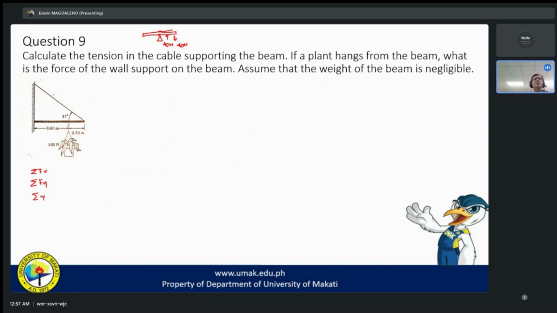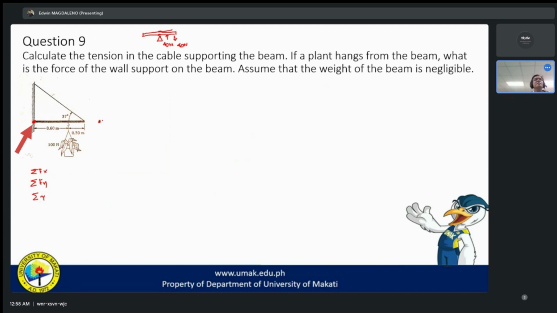hindi lang siya ay magagawa ng Cartesian plane. Actually, dati kailangan ng Cartesian plane. But rather, ang free body diagram natin is the torque, which is the distance ang kailangan natin. So, from the fulcrum, ito yung point of rotation niya. Dito siya iikot eh.